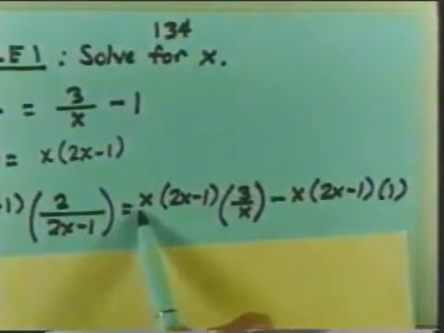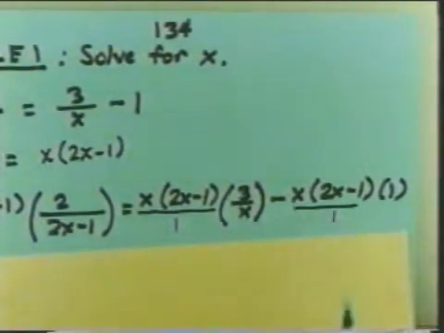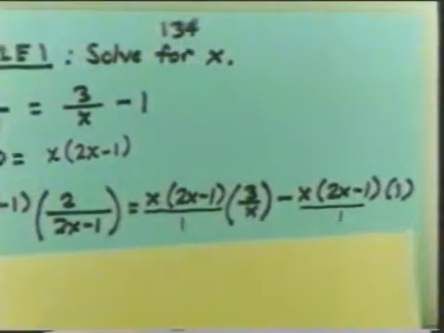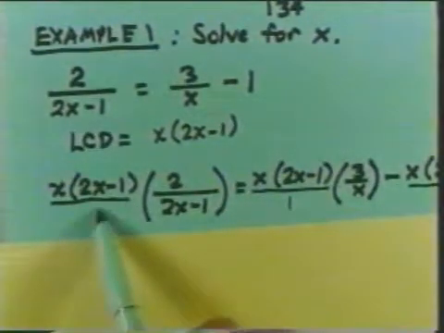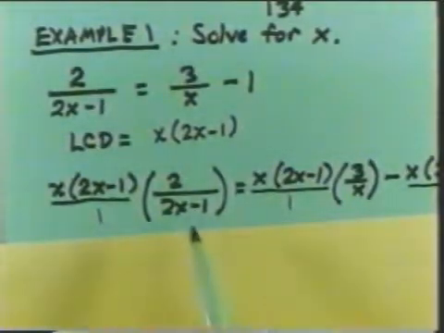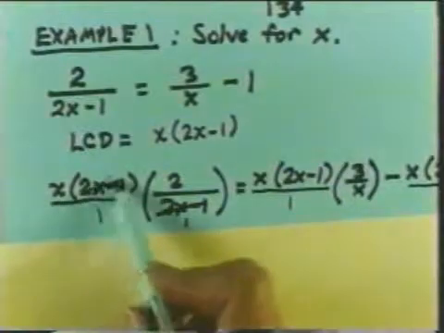The common denominator is, of course, actually over 1 in each case, and so this gives us the opportunity to cancel in our fraction multiplication. On the left-hand side of the equation, the 2x minus 1 cancels.